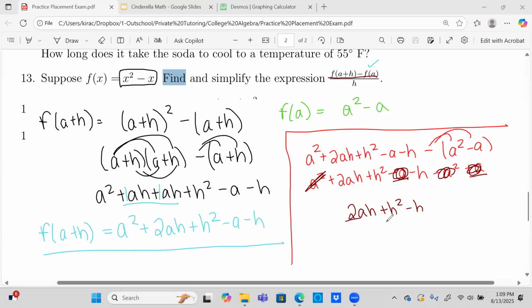What factors out of the top? They all share an h, so pull that out. That would leave 2a, 1h, and minus 1 all over h. This would cancel, and we get 2a plus h minus 1. Answer.